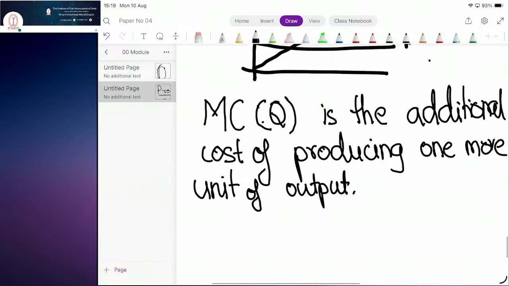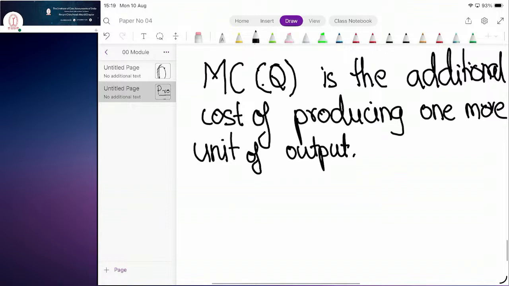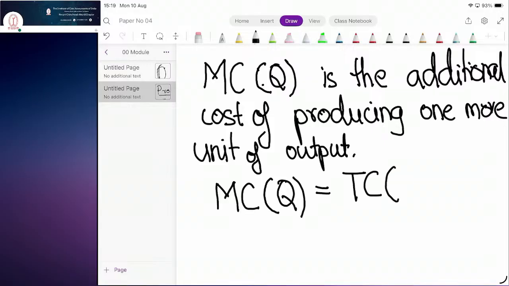I'll draw the graph of the marginal cost curve very soon. But remember, the formula could be something like this: marginal cost of output Q is equal to total cost of producing Q units of output minus total cost of producing 1 unit less than Q, that is Q minus 1.